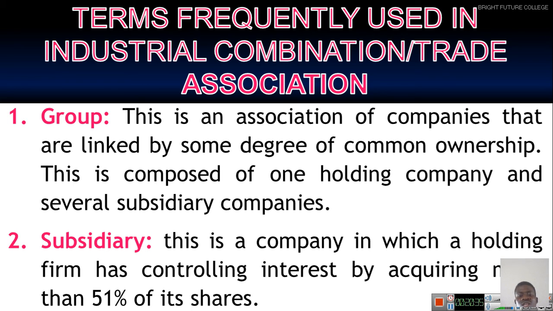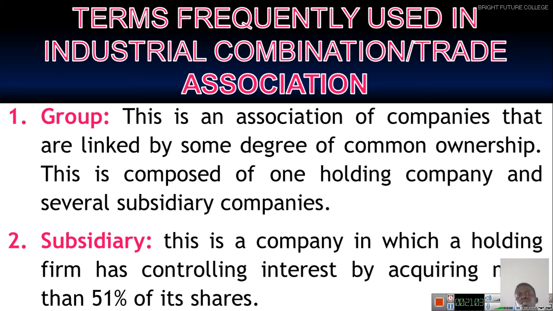Then we have subsidiary. A subsidiary is a company in which a holding company has a controlling interest by acquiring more than 51% of its shares. For that reason, the holding company will have its controlling interest in the subsidiary, because whenever they are having a meeting and there is an opinion to vote for, it's that of the holding company that will count, because they already have 51% of the votes.